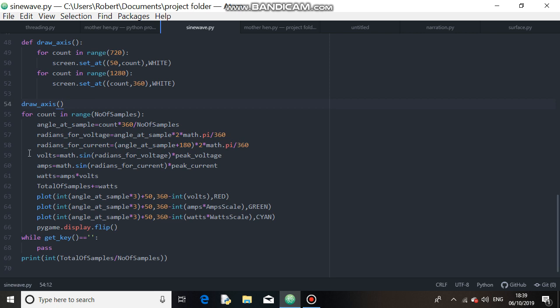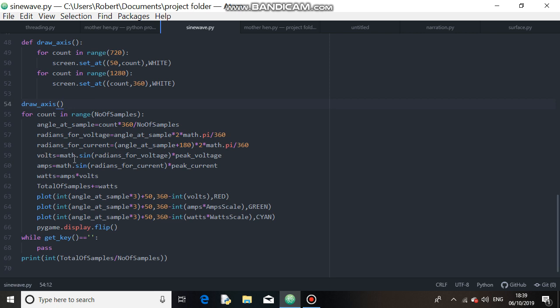So I'll simulate the reversal of direction of power. Okay, so next, this works out the values for the y-axis of the waveform.